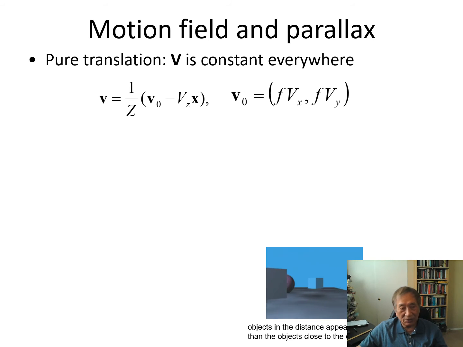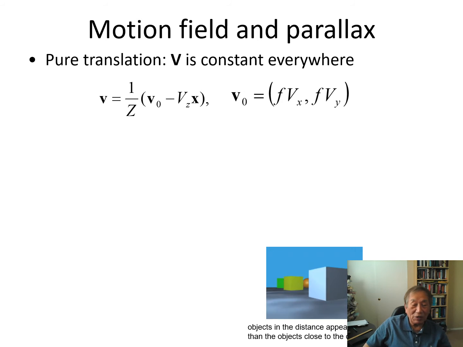An object in the distance far away moves slower than the one closer, isn't it? The one near here is moving much faster, but the other one is much slower, isn't it?